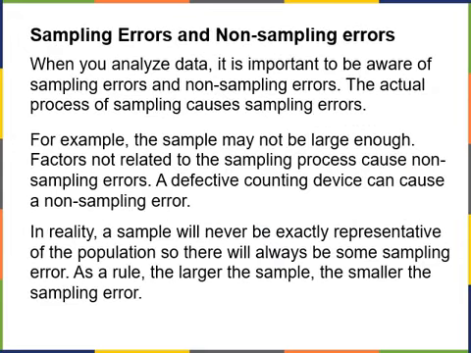You have different types of errors. Anytime you collect data, you're probably going to collect some data that is incomplete or has some sort of error. This happens. It's totally normal, and we deal with this by being aware that there are sampling errors and non-sampling errors.